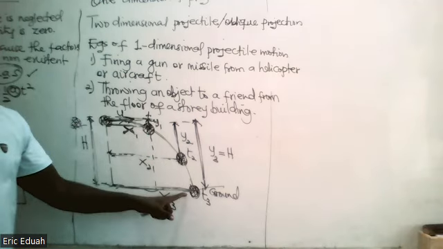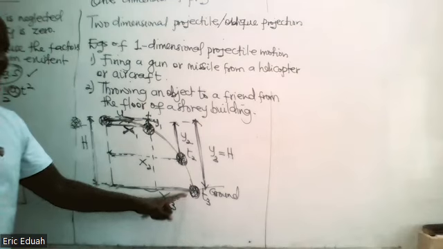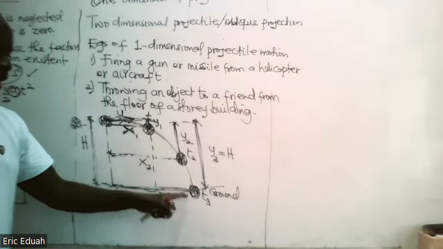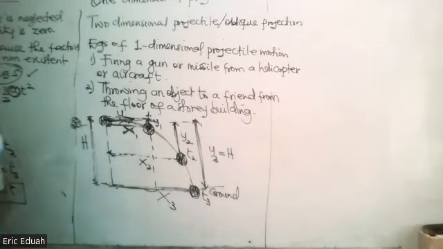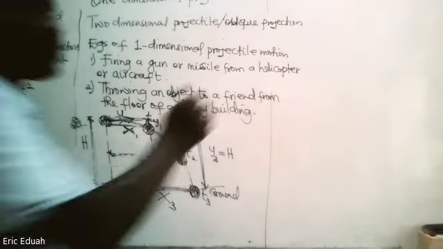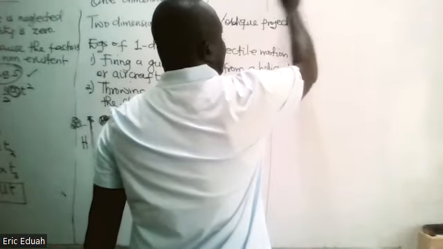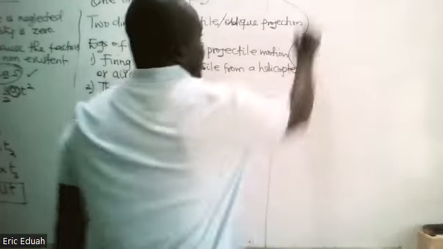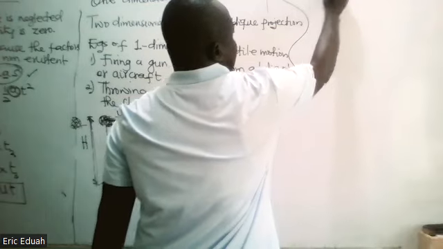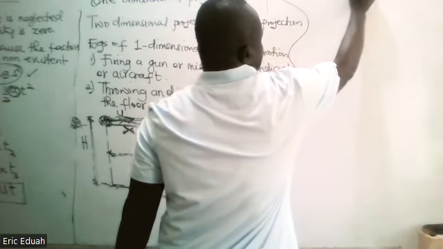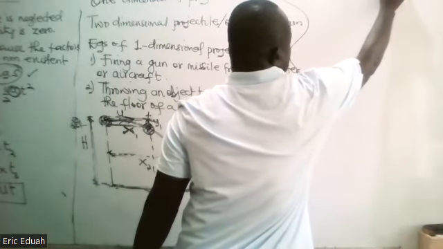When the body hits the ground, the total time taken during the whole journey of the body is what we call the time of flight. So capital T is used to represent the time of flight.